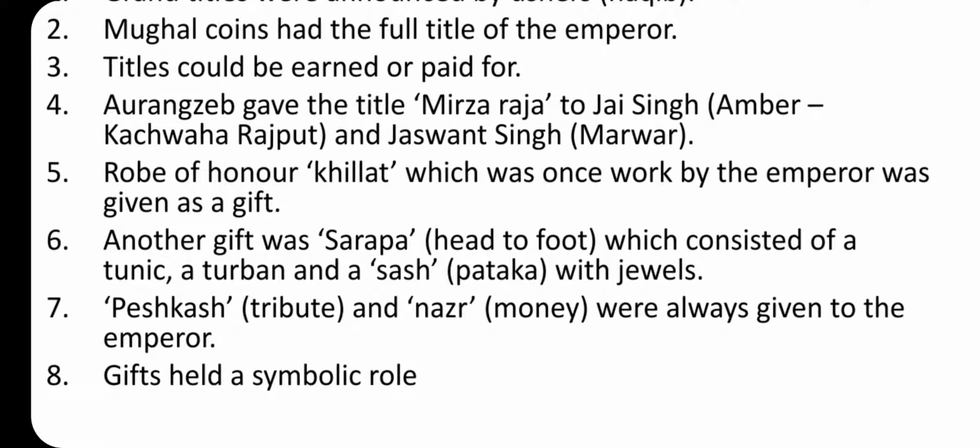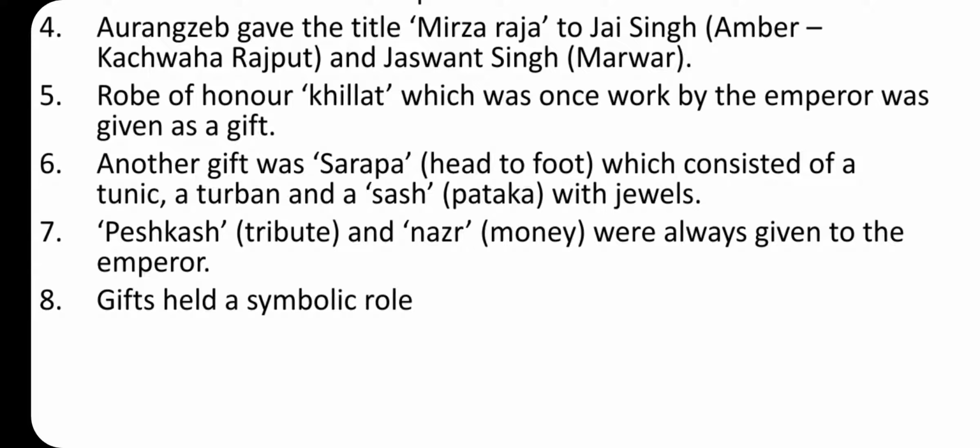This gift was something which you got from head to foot, which means it had everything from a turban to something to wear over your body, a tunic, and something to tie at your waist, which was called a sash or a patka.